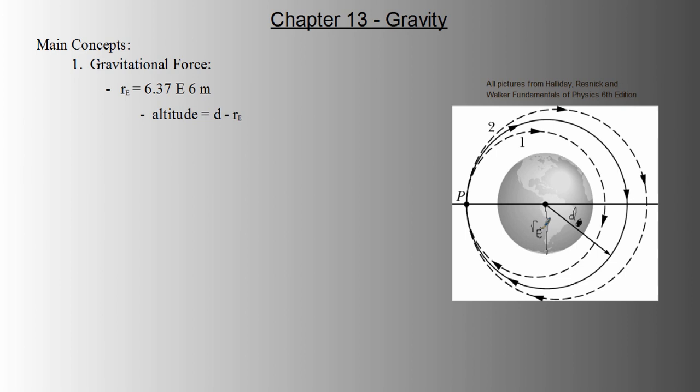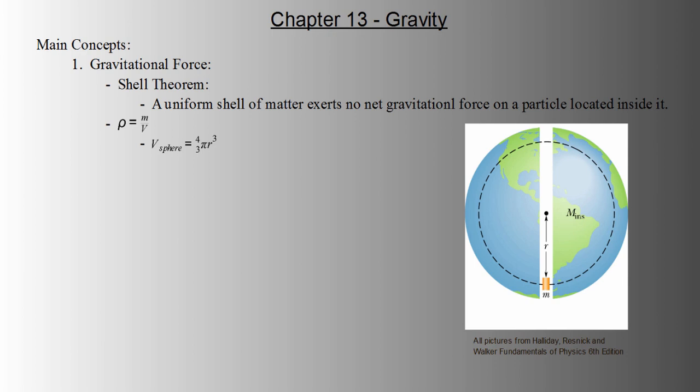So here's the surface of the Earth. Your altitude is this distance, your height above the surface. So you just subtract R e from d and you get the altitude.